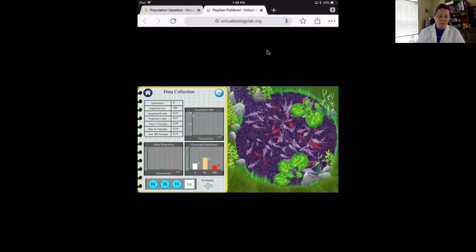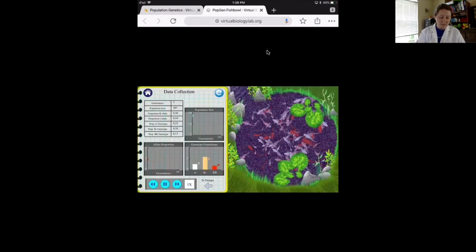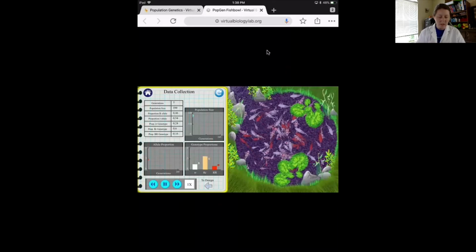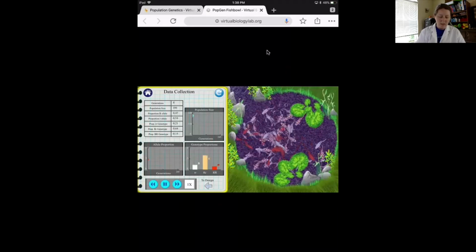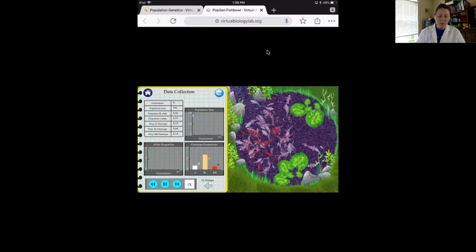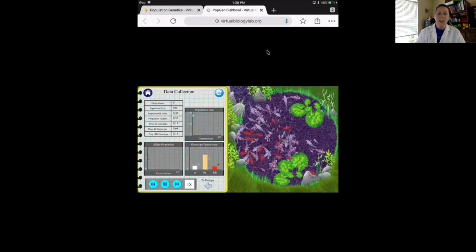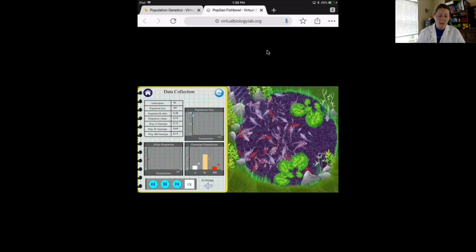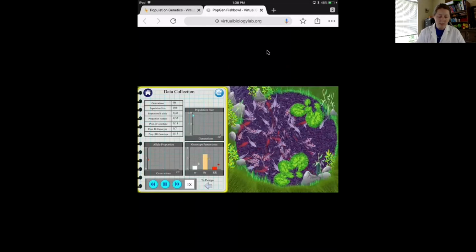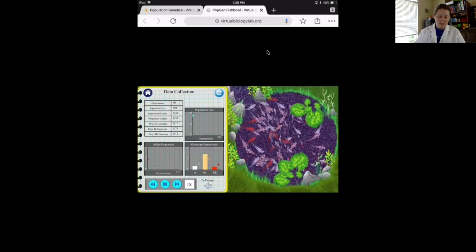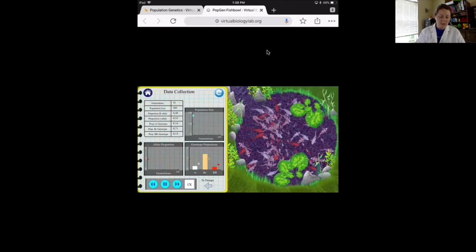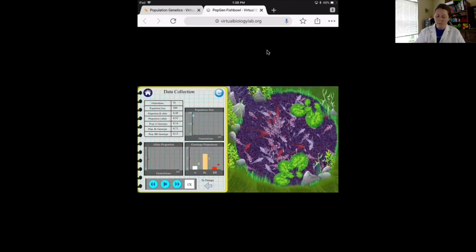So again, nice normalized curve to begin with. As you can see, our heterozygote is starting to increase, and both of our homozygous are decreasing. So we clearly can see that there.